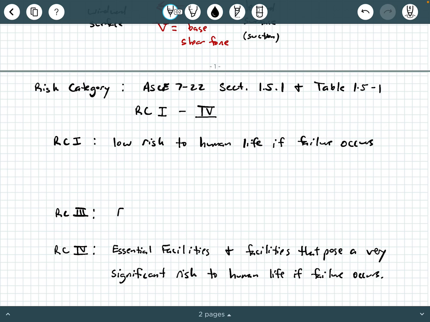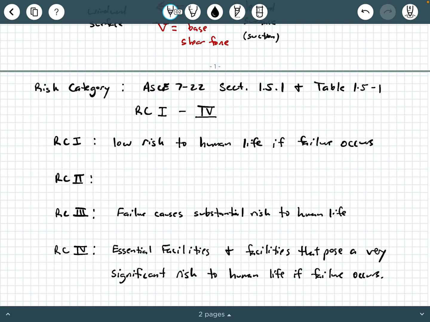So I'm gonna note here, failure causes substantial risk to human life, okay? So these are facilities that might not be as critical as RC4 facilities, but they're pretty important, okay? Now, I'm going to jump to RC2, so save RC2 for last.